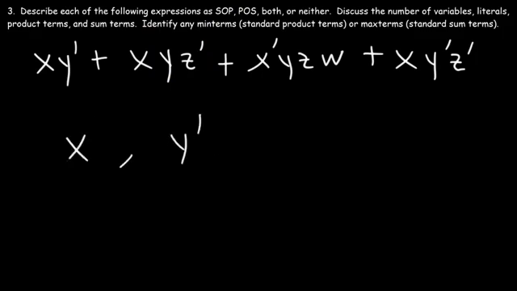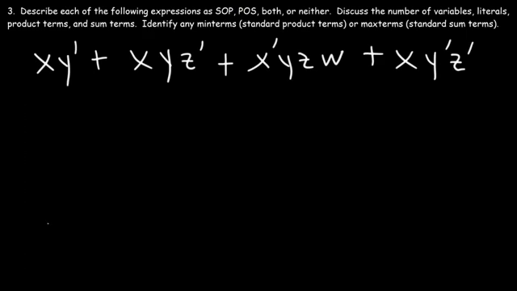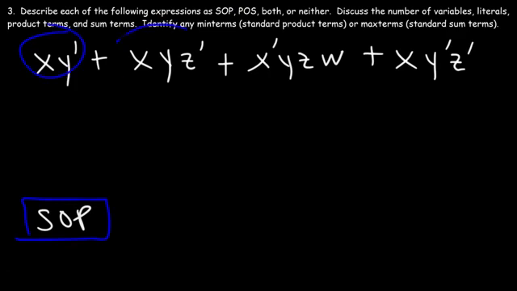Y prime is a product term. Or if you multiply them, these are product terms. So what we have here is a sum of products expression. We have 4 product terms, and as we can see, there's a plus sign separating them. So it's a sum of products expression.